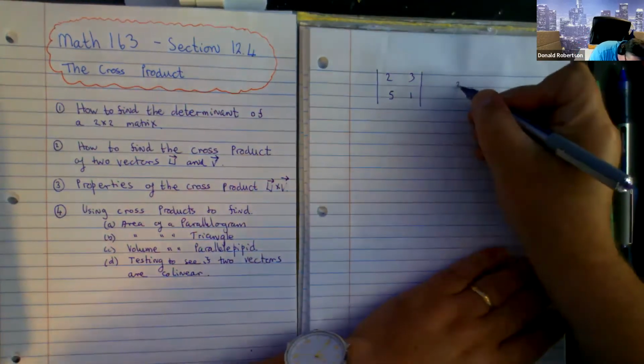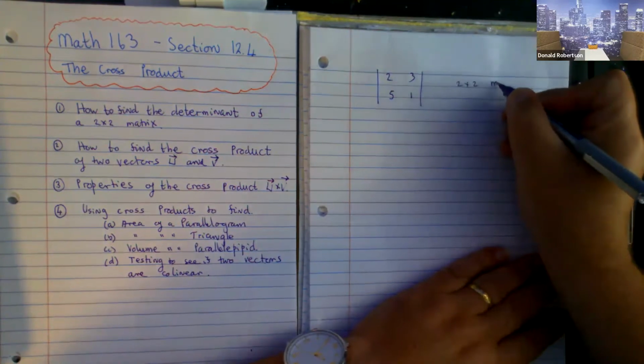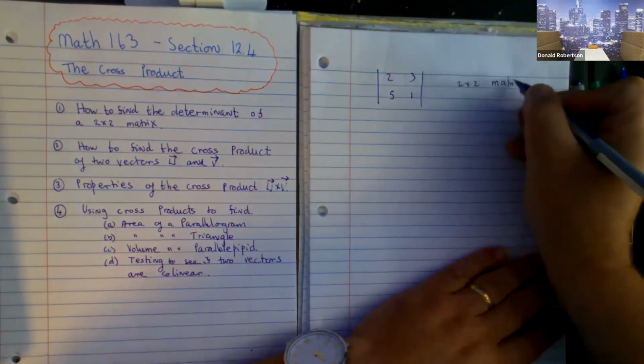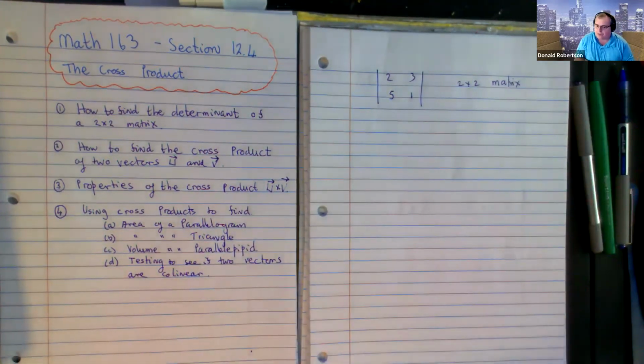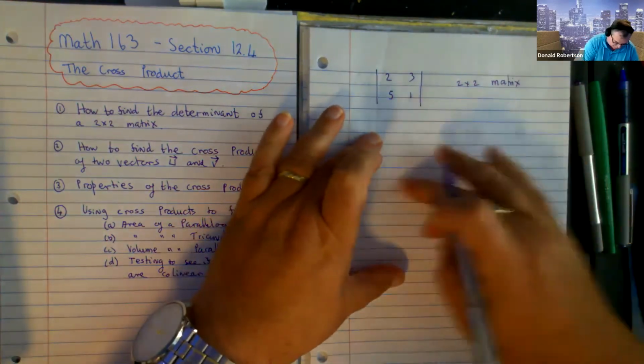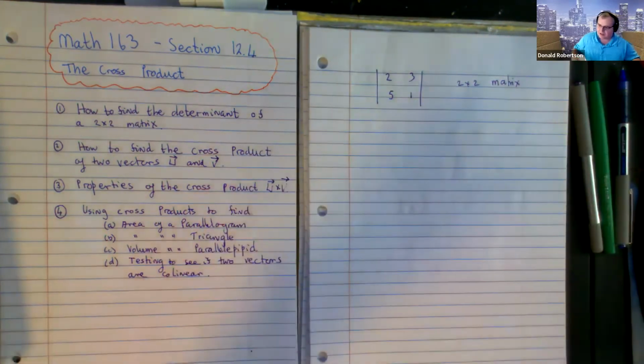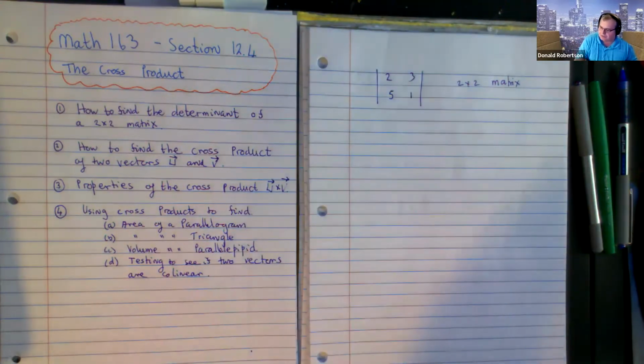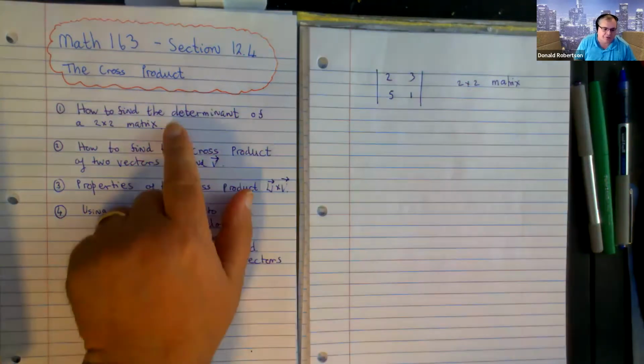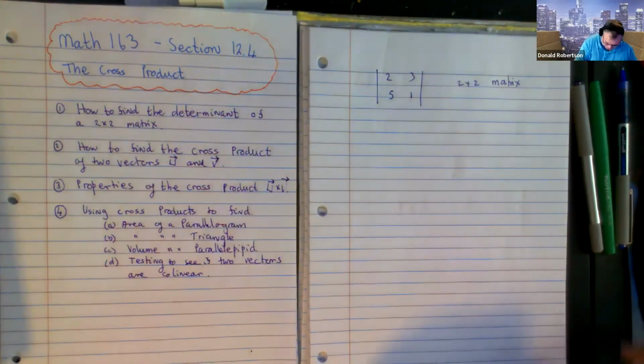This one is a 2 by 2 matrix, and that just means it's got 2 rows and 2 columns. It's got 4 numbers. A 3 by 3 matrix would be 3 rows with 3 columns. And a 10 by 10 matrix would be ridiculous, but if you wanted one, it would have 10 rows and 10 columns. And we're going to find what's called the determinant of this matrix.